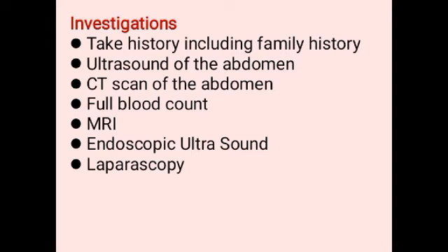And you can also do a CT scan of the abdomen that can yield detailed images of the lesions that can be seen on the surface of the pancreas. A full blood count can also be done to rule out the presence of an infection that can be the predisposing factor or the cause of the abnormal growth of cells, which is cancer within the pancreas.